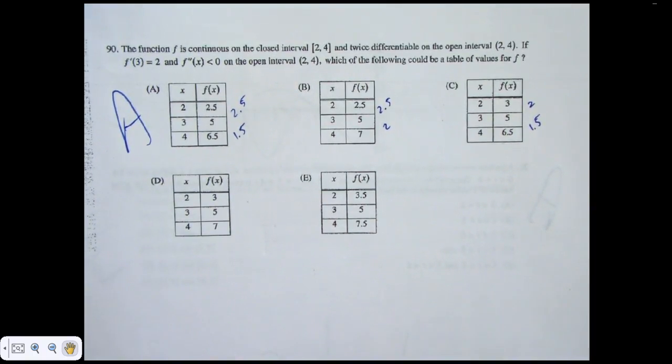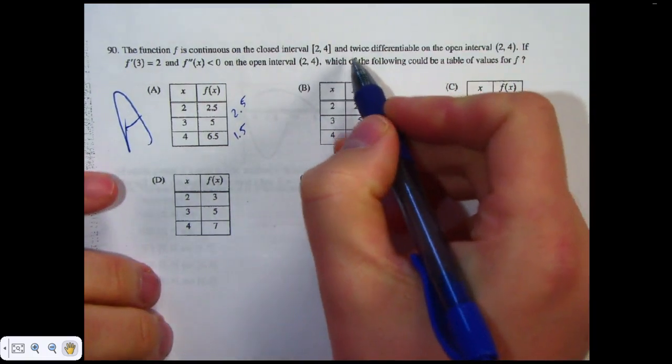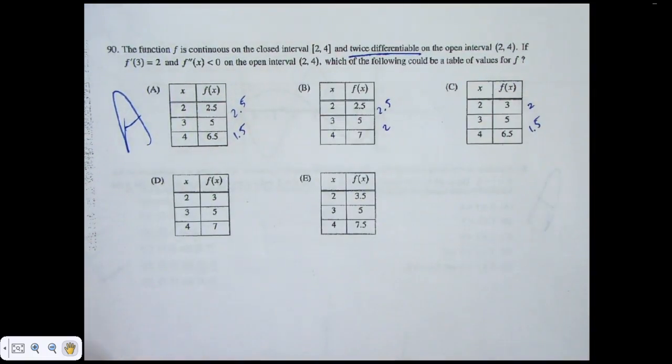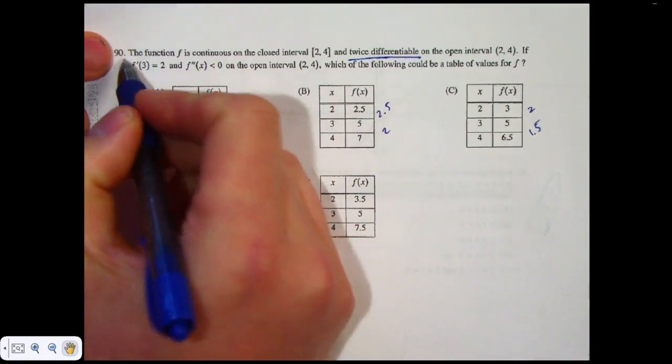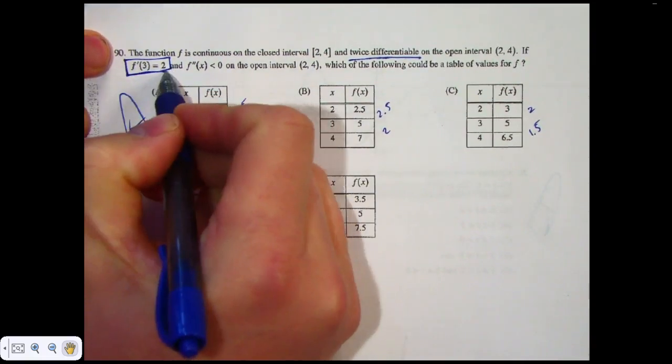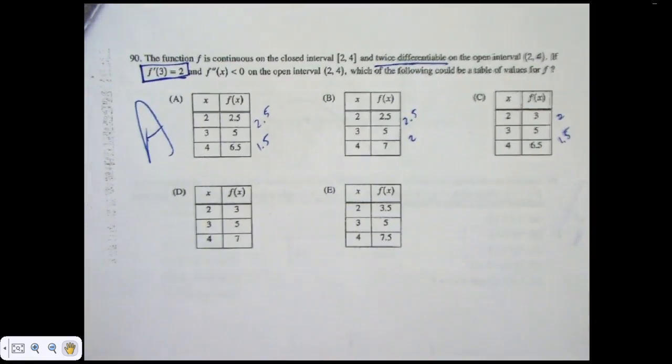We're going to get through, I don't know if we'll do the whole bag, but we'll try to do at least most of it. So, let's talk through what each of these things mean. Twice differentiable just means you can take the derivative twice. So, not like corners or cusps or asymptotes or anything weird between 2 and 4. What does that mean? Somebody raise your hand and tell me.